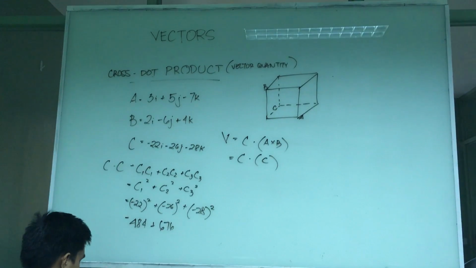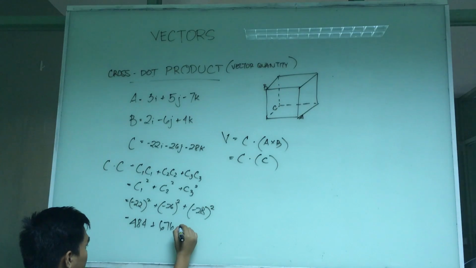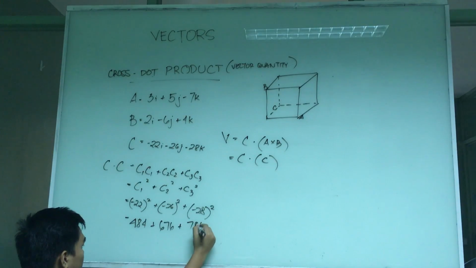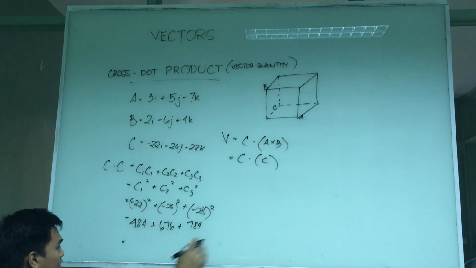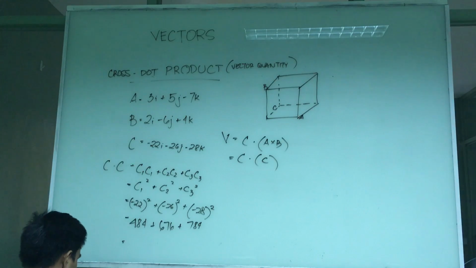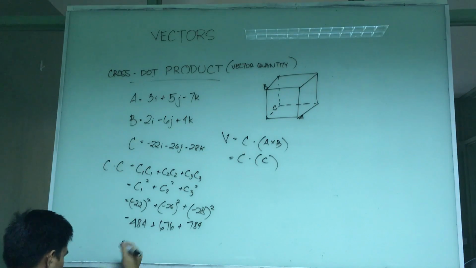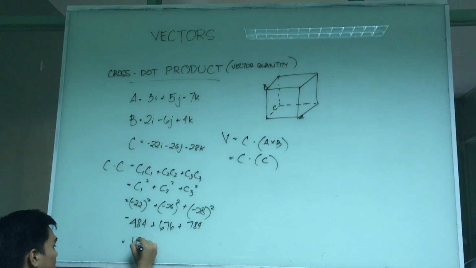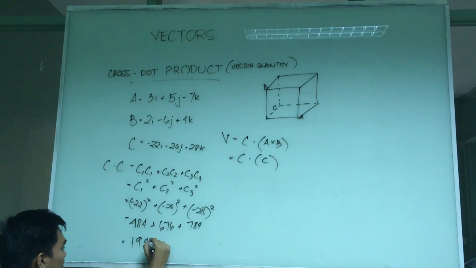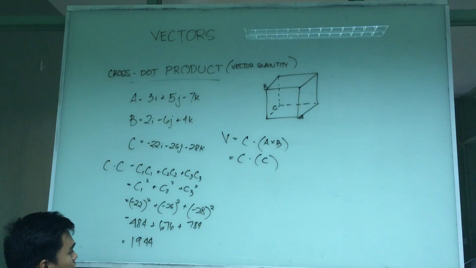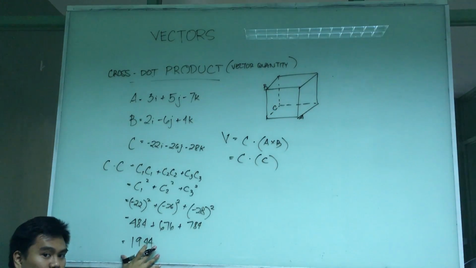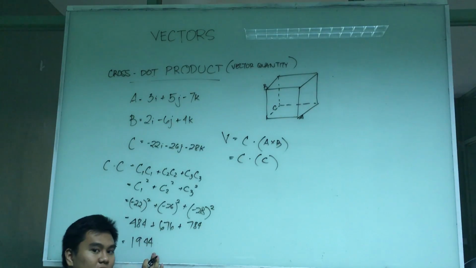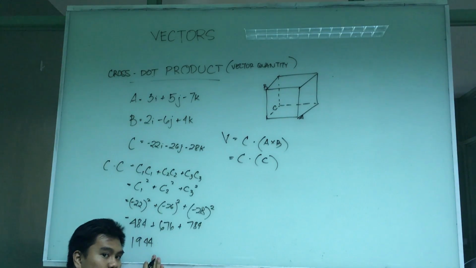Lastly, negative 28 squared is equal to positive 784. Now you just get the sum of these three values: 484 plus 676 plus 784 will be 1944 in scalar quantity. This is a scalar quantity because we're looking for a volume.